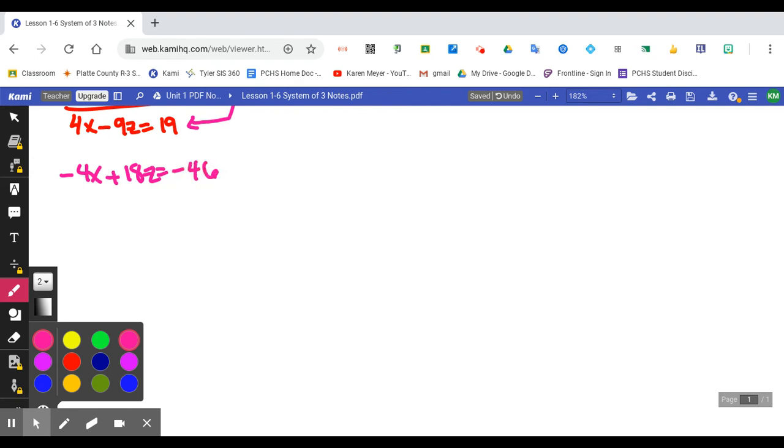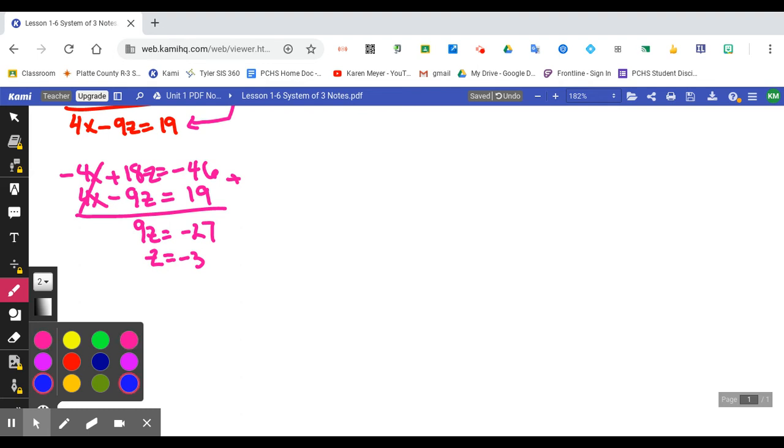I'm going to leave the bottom one the same. 4x minus 9z equals 19. Add these and your x cancel out. So you come up with 9z equals -27. Divide and we get our first of three answers, which is z equals -3.